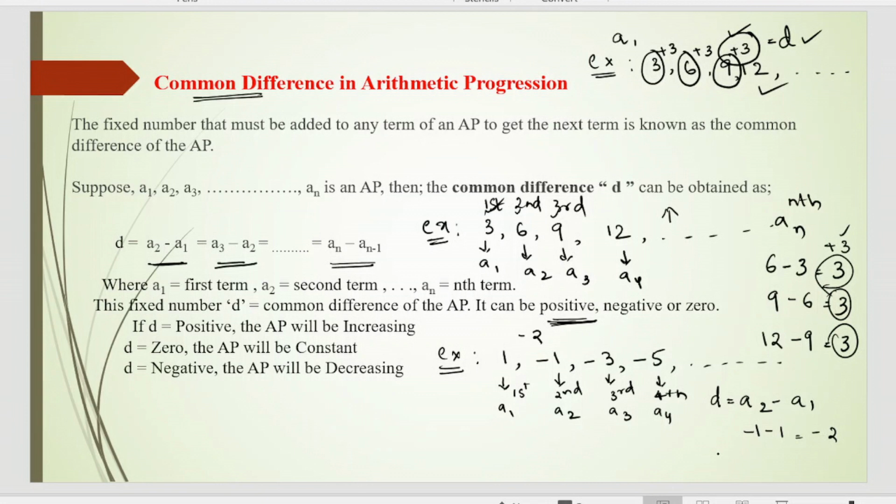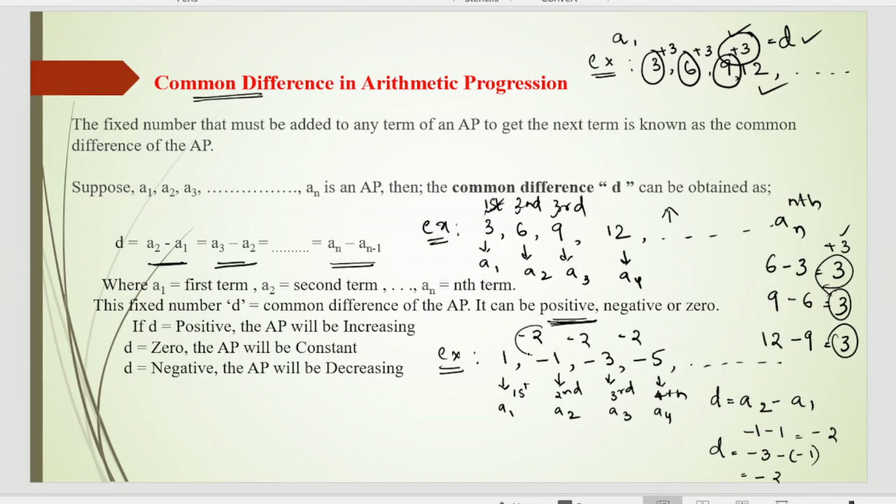And what is the common difference for A3 and A2? A3 is -3, minus A2 which is 1, so -3 minus 1 is -4... here this is -3 plus 1 is -2. Here the common difference is -2. In the same way, the common difference for A3 and A4 is also -2.